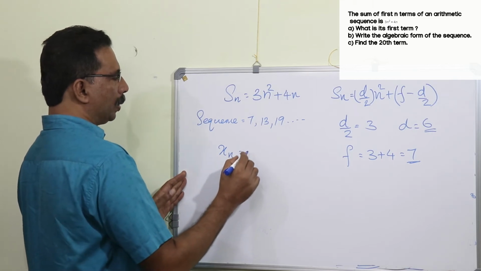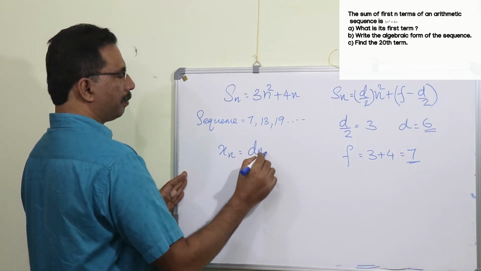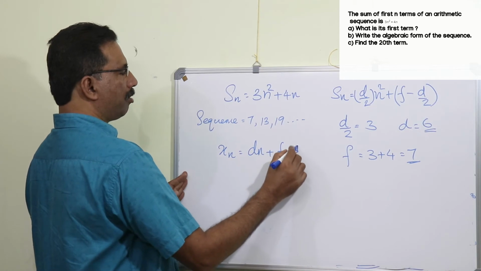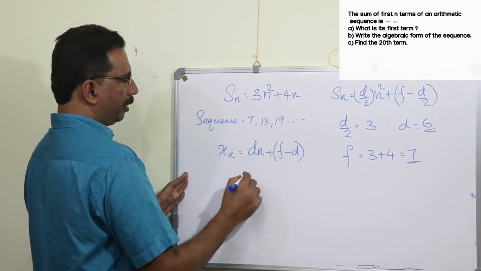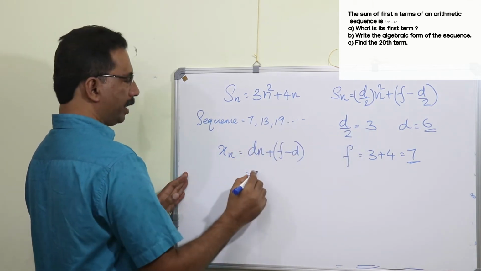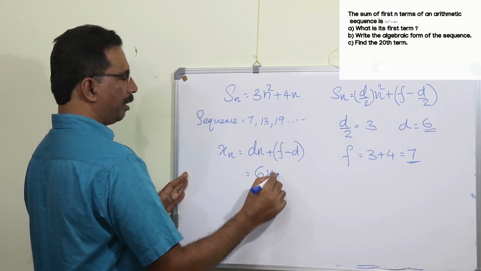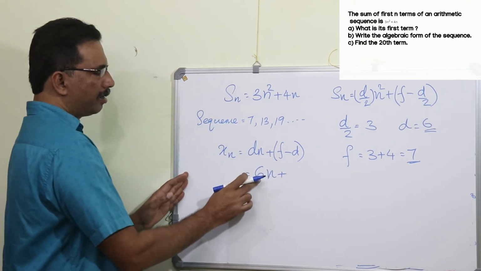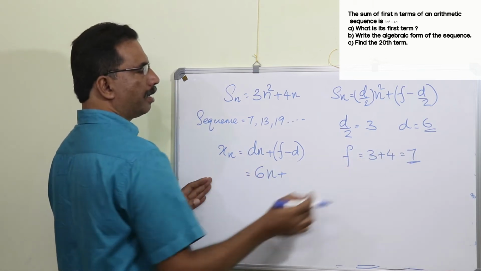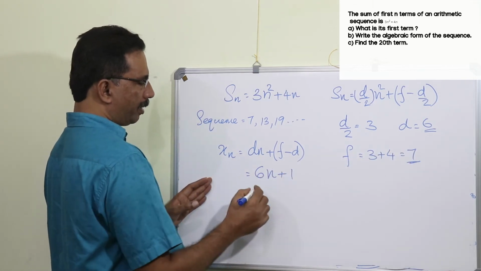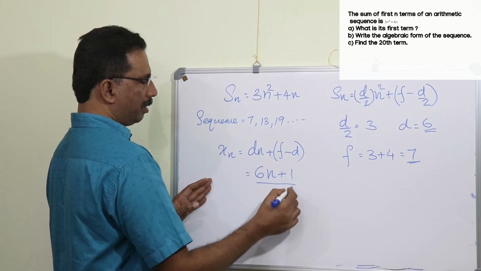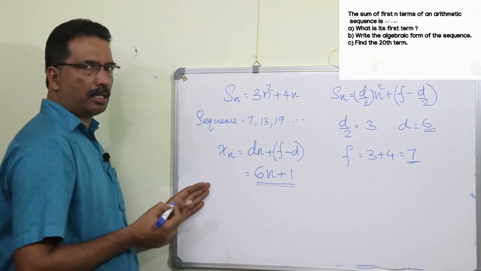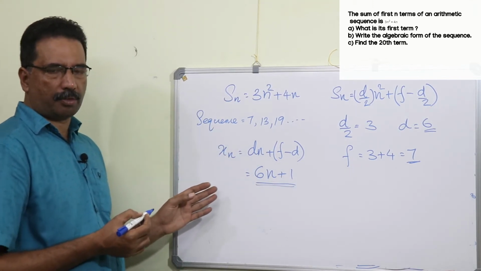Xn is equal to dn plus f minus d. You have to remember all the formulas. Here d is equal to 6, so 6n plus, think what we must add to 6 to reach 7? 1. Then we can write 6n plus 1. This is the algebraic form, or general term, of the sequence.